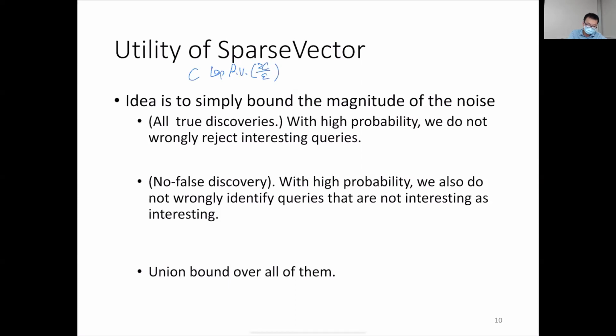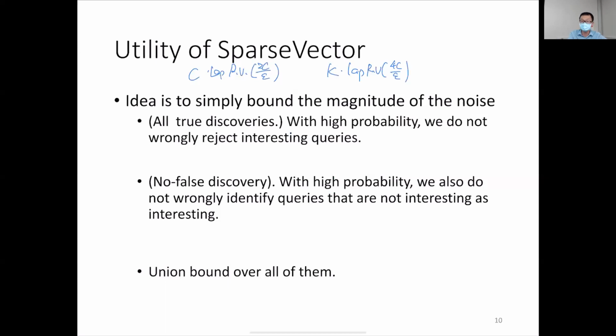And in total, the sequence has K queries, so there are also K Laplace random variables that we add to the queries themselves. These are 4C over epsilon random variables.